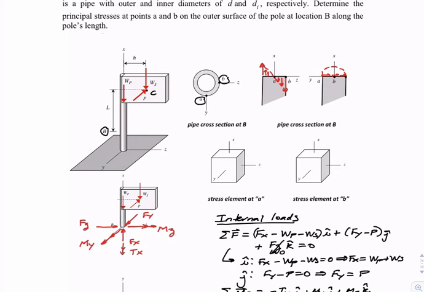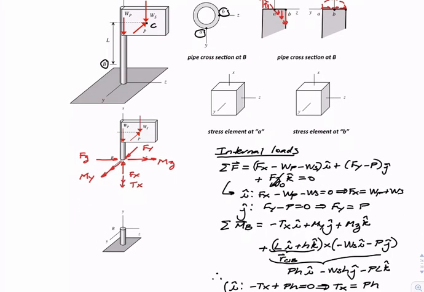So if we look, in fact, let me make a move here that I should have done right from the beginning. What I drew here was an FBD of the top part. It's easier for me to see if I draw now those equal and opposite reactions here on the bottom part, because I can actually see that face.